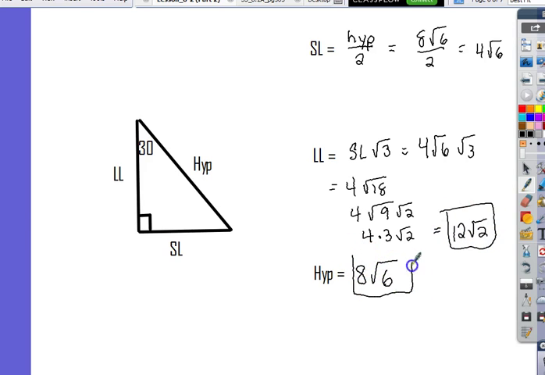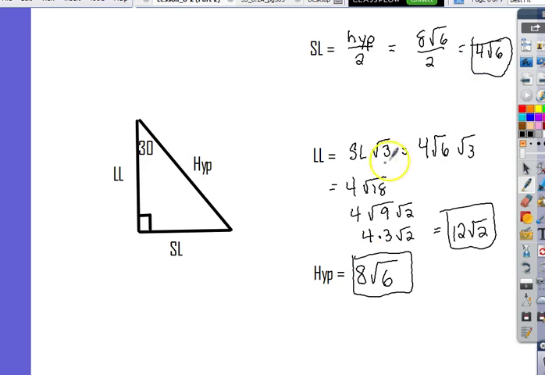So I might want to do a little bit of a check. I might go back for this one and put all of this stuff in my calculator. 4 root 6 is 9.7. 12 root 2 is 16.9. And 8 root 6 is 19.